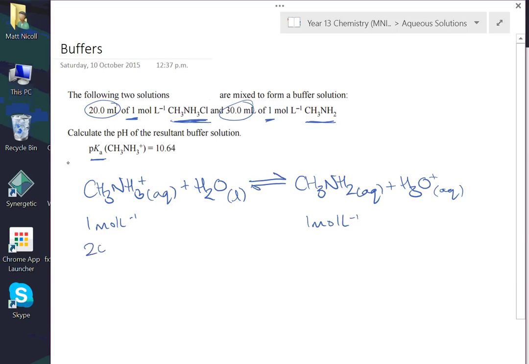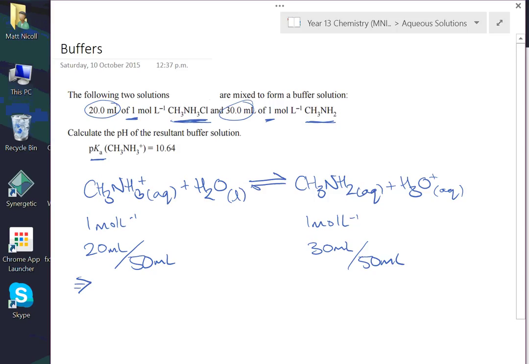So this one started off as 20 mLs, and this one started off as 30 mLs. Well, 20 plus 30 is 50, so I can do a ratio to find out what their new concentrations are going to be. So I'm going to go 1 for the moles per litre times 20 divided by 50 to find the new concentration.